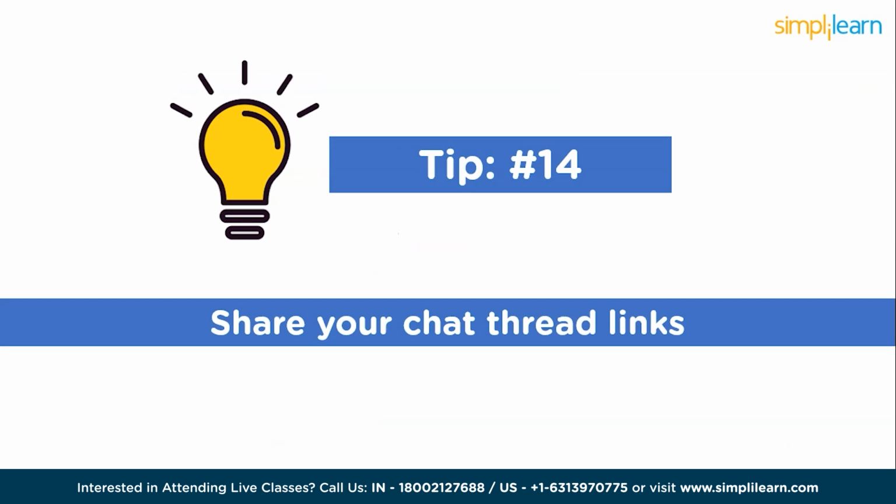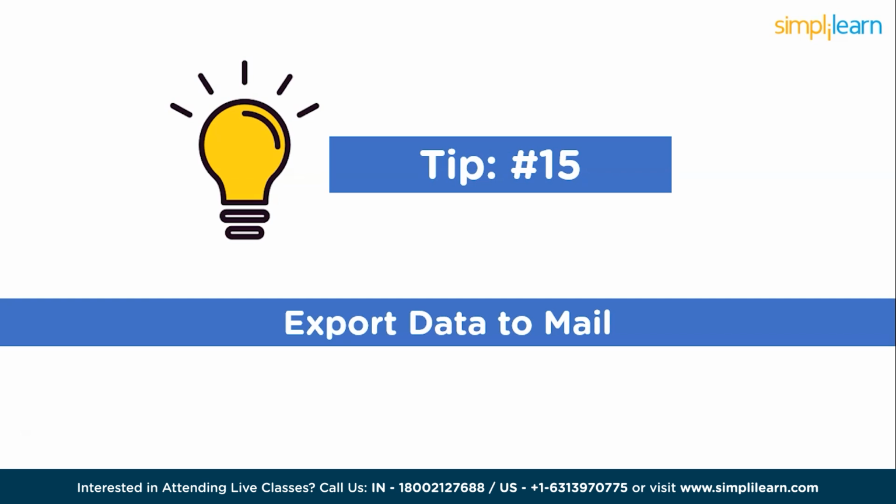And now moving on to our next tip, that is tip number 15, export data to mail. If you want to export a chat, you can click on the export button and enter your email address. You will receive a copy of the chat in your inbox. This useful feature is used if you want to save a record of your conversation or if you need to share the information with someone who doesn't have access to ChatGPT.